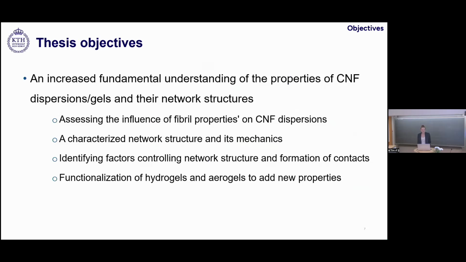And this leads us to the objectives of this thesis. And the overall aim of this work was that we want an increased understanding of the properties of CNF dispersions and gels and how they relate to their network structure. And to achieve this, we stated the following objectives.